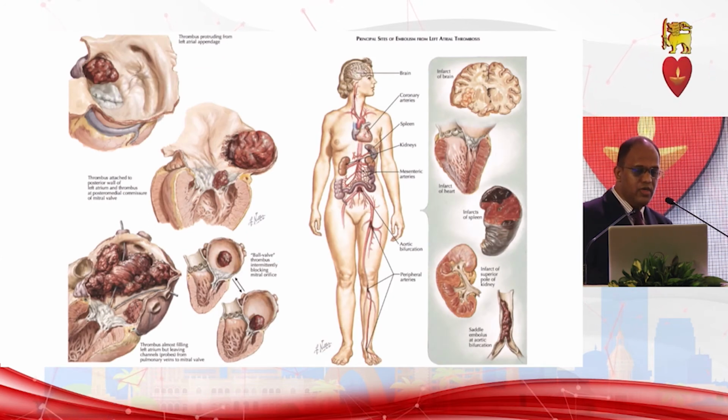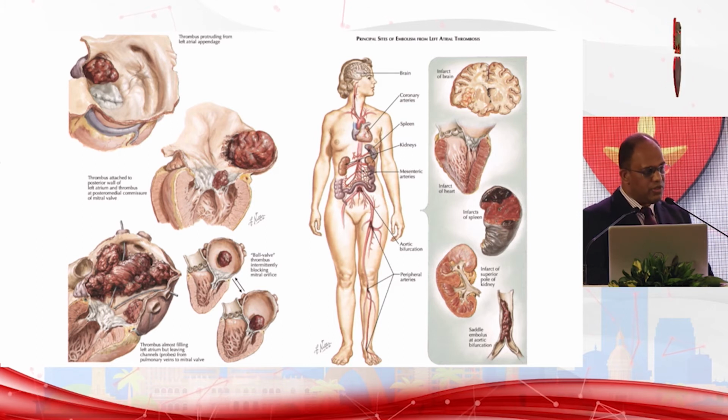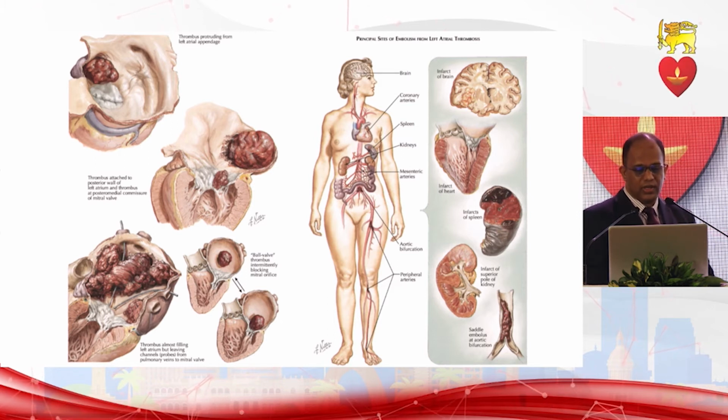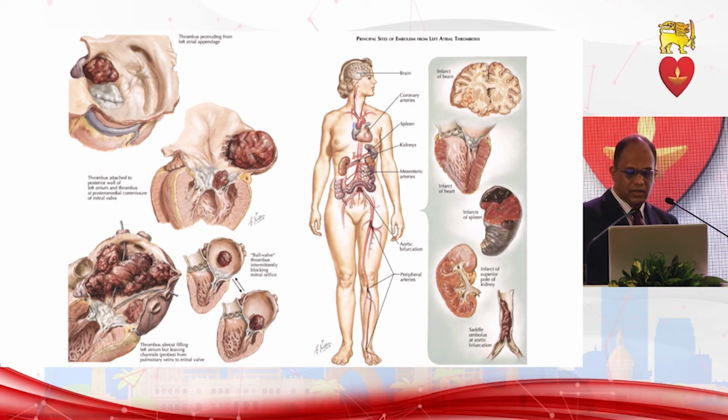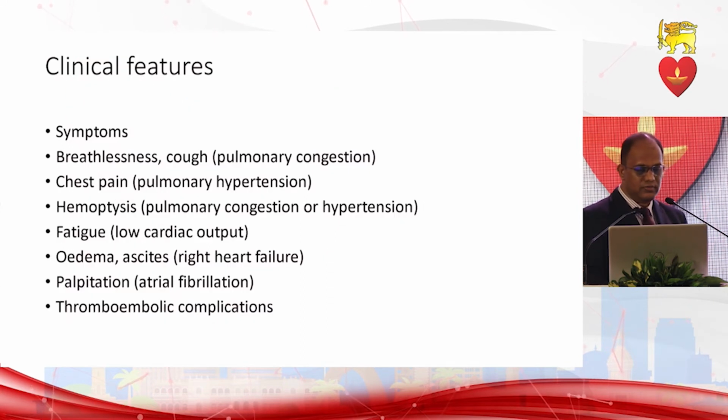Since the atria is not functioning very well and the blood stagnates inside the atria, mural thrombi or blood clots start forming inside the atria, as well as in the structure we call the left atrial appendage. This thrombus can go throughout the body through the arterial circulation and can cause strokes, sometimes myocardial infarction, kidney infarction, splenic infarction, and systemic embolization.